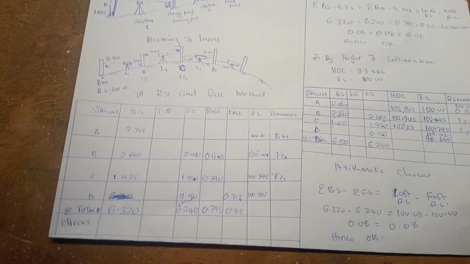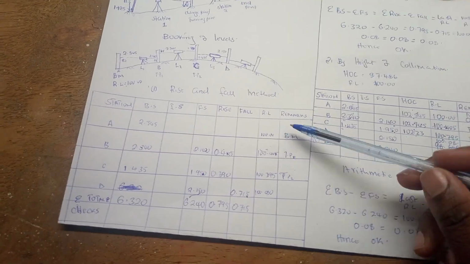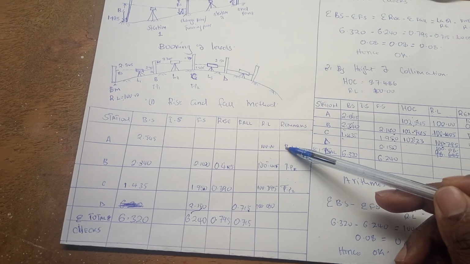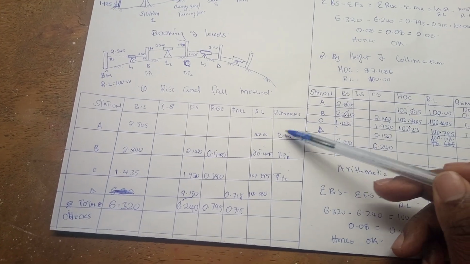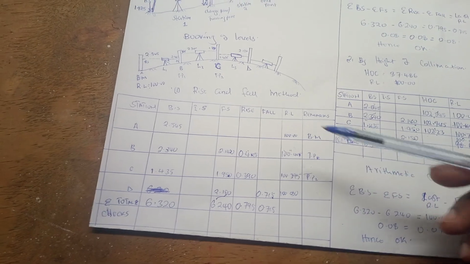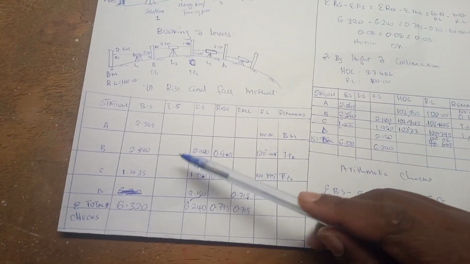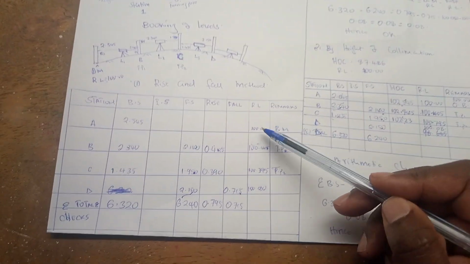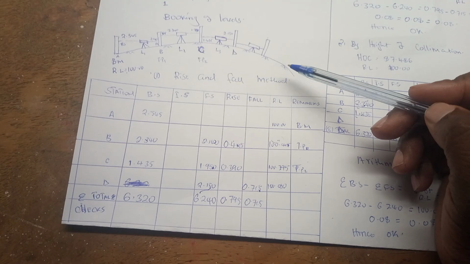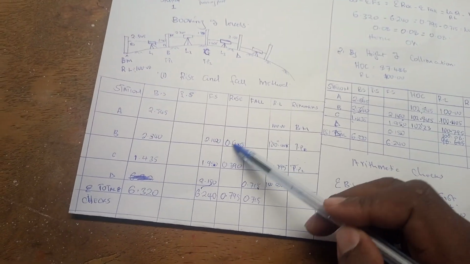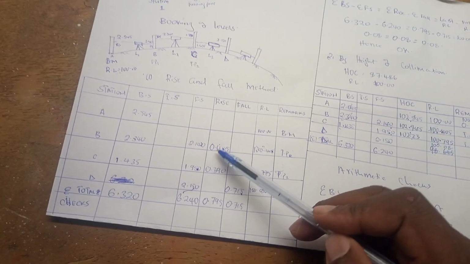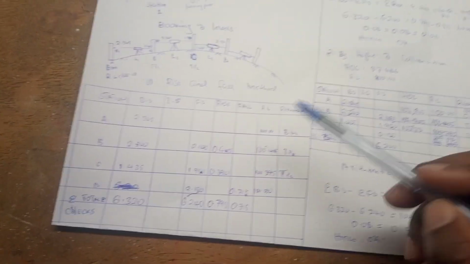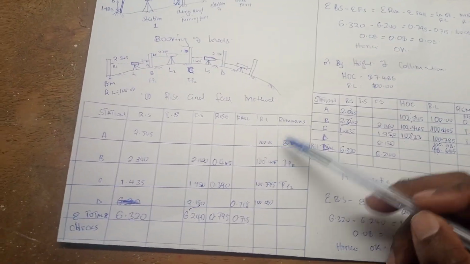Now, when I come to the reduced level, I was given the reduced level of 100, that is at the BM, the temporary benchmark. To get the reduced level at point B, I add to the reduced level of 100, because it was a rise, the rise value of 0.405.